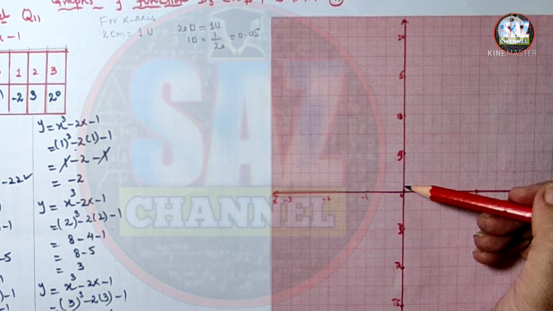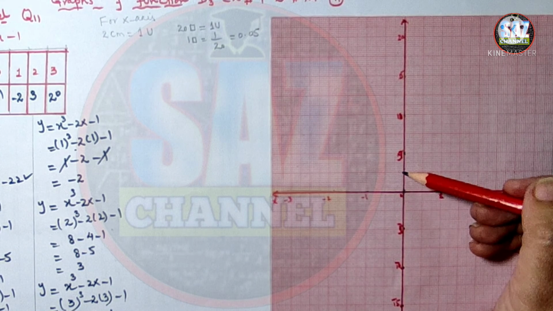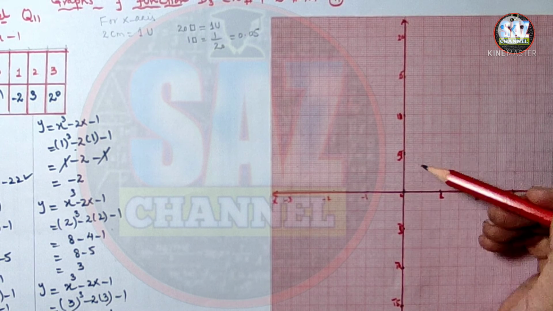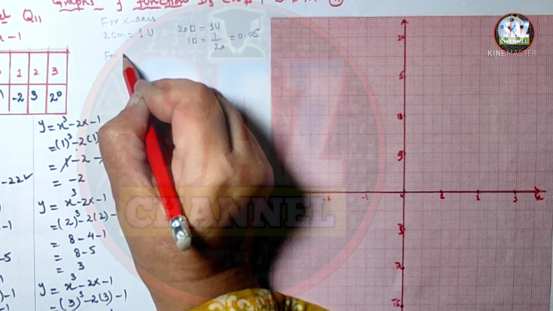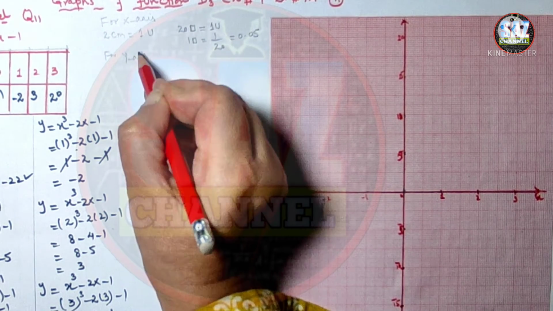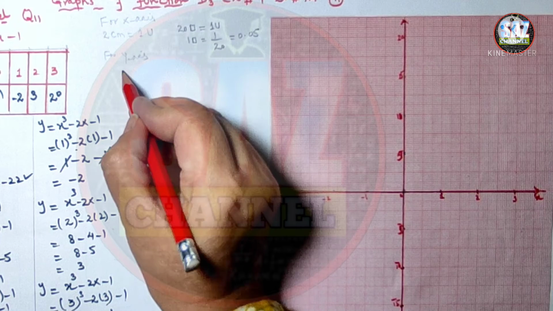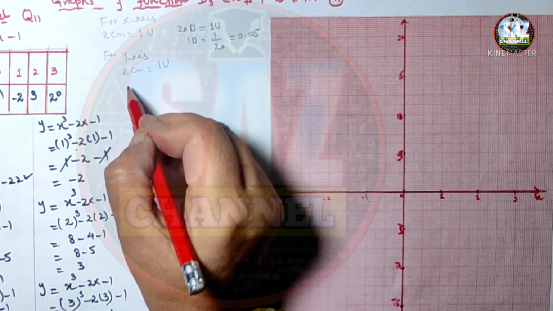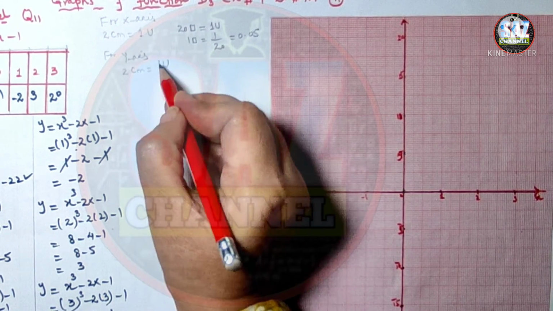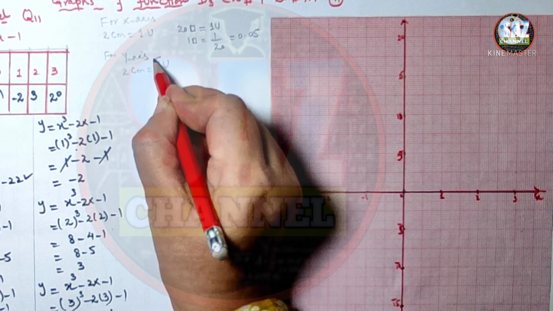And for the y-axis, I'm taking the scale that two big blocks, or 2 centimeters, equals 5 units.